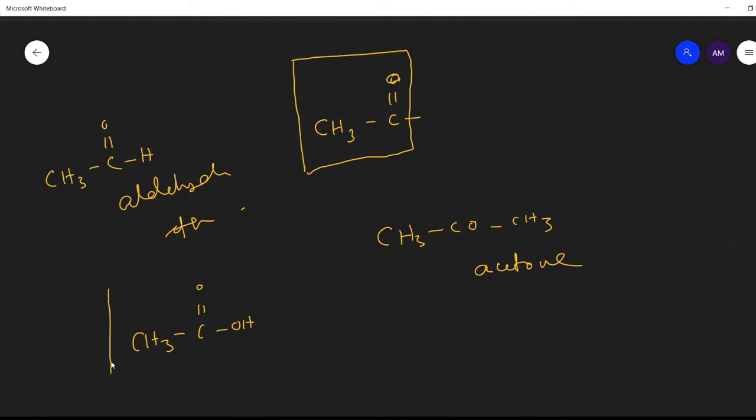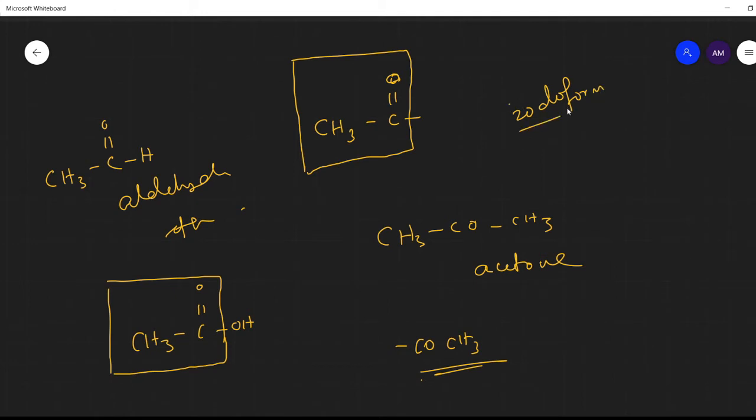If this CH3CO group is present, in other words COCH3 is present, then we can say that the iodoform test will take place.